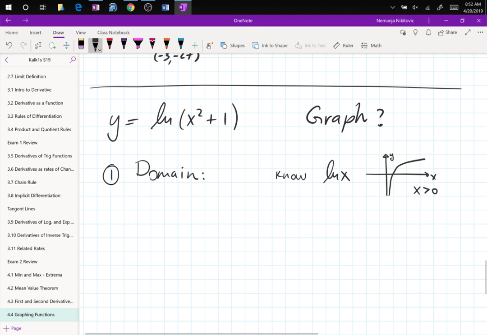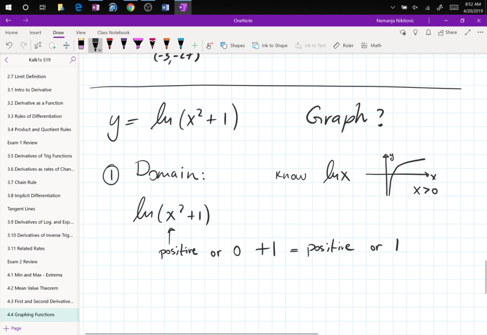So if I write x squared plus 1, this is always positive or 0, right? Positive or 0. And then we add 1, which means it's going to be positive or 1.